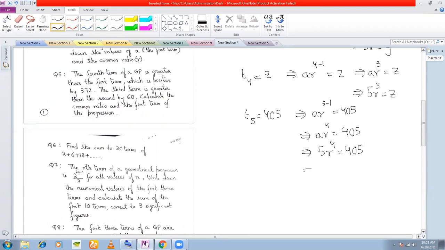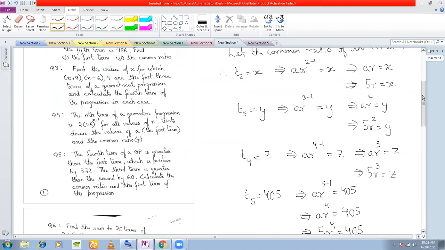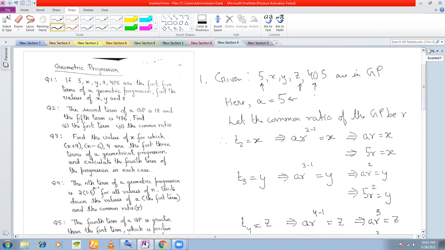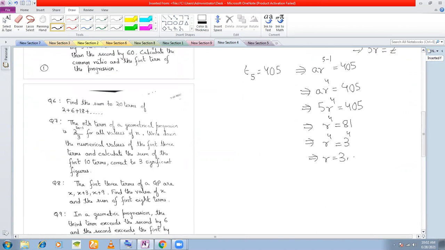From here we can get the value of R. R to the power of 4 is 405 by 5, which is 81. What is 81 as a power of 4? It is 3 to the power of 4. That means R must be equal to 3. So we have got A as 5 and R as 3.